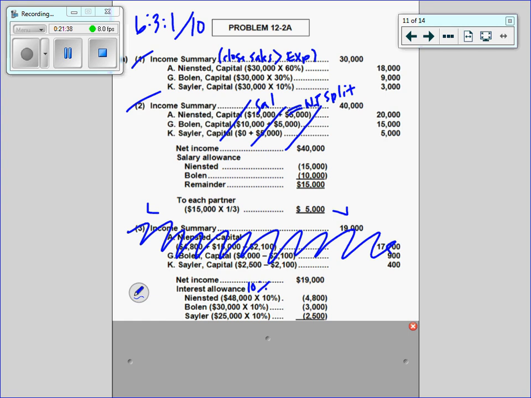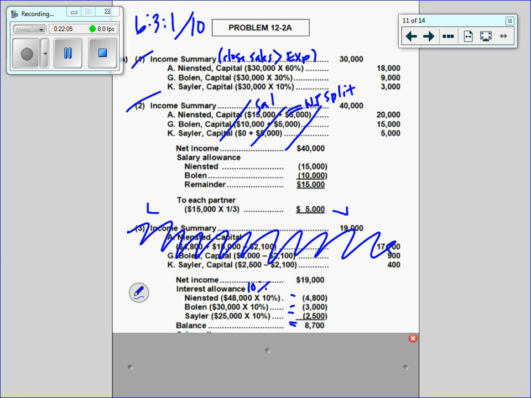So out of the 19, we only have $8,700 remaining, because 19 minus 4.8 minus 3 minus 2.5 equals 8,700. Again, the writing's on the wall here. We did not bring in enough net income because this Nienstedt character is getting paid $15,000 on top of whatever.